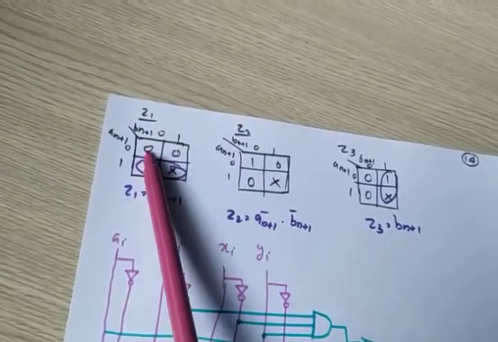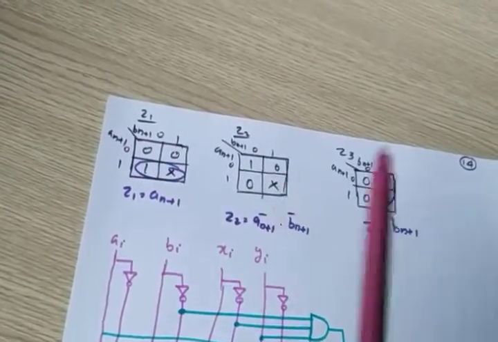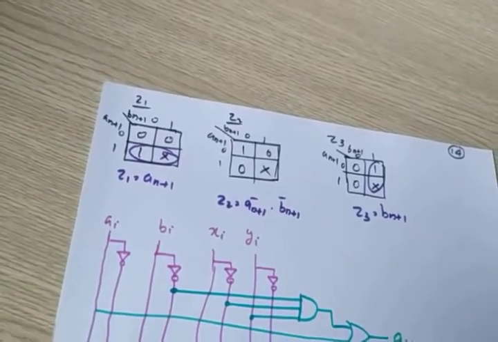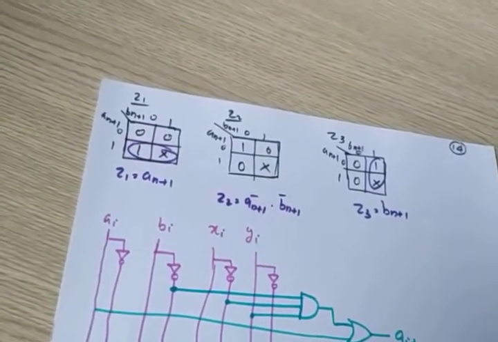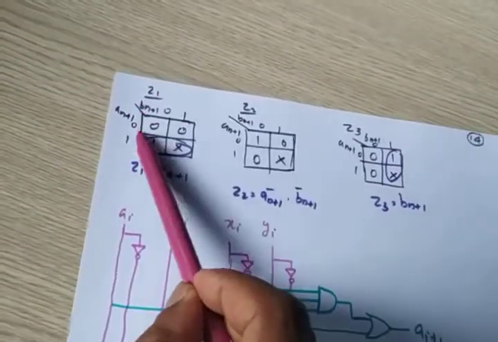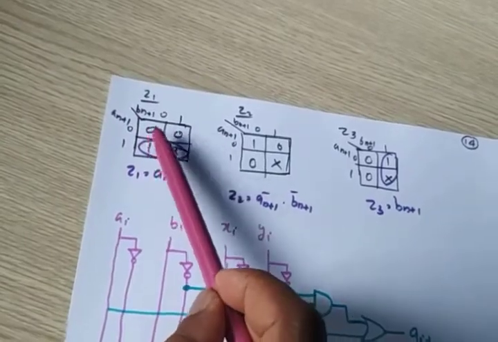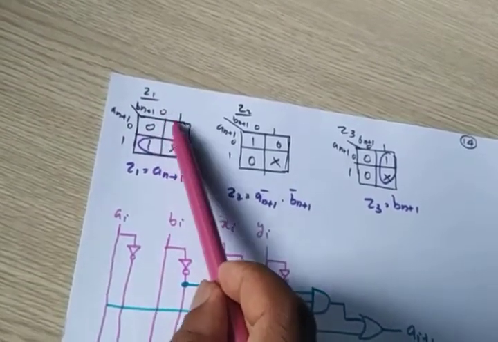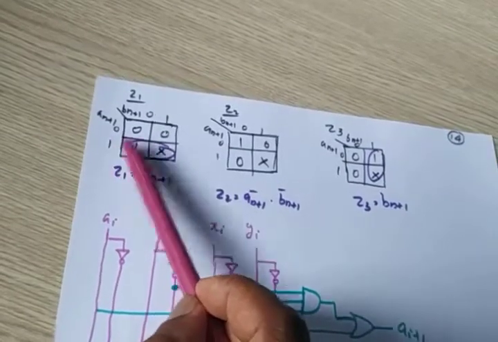0 0 0 0 1 means Z1. Why? Because Z1 means x less than y, or y greater than x. Here y is greater than x, so that's 0 0, 0 0 1 0 1 0 1.